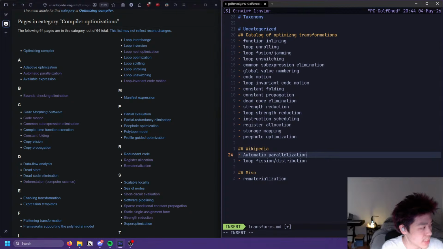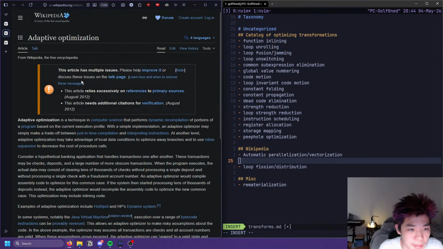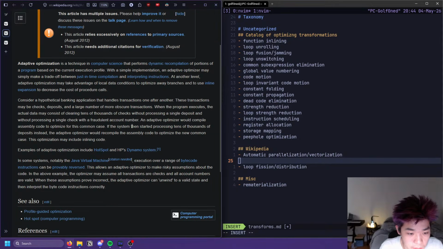In what sense, at least? Okay, what is happening here? Dynamic recompilation. Oh wow. I guess that makes sense. What is different between this and PGO?